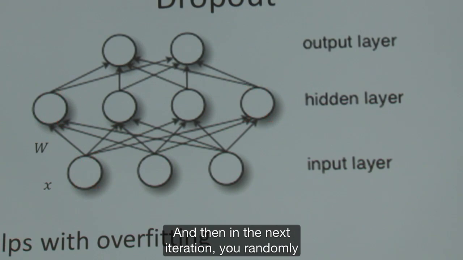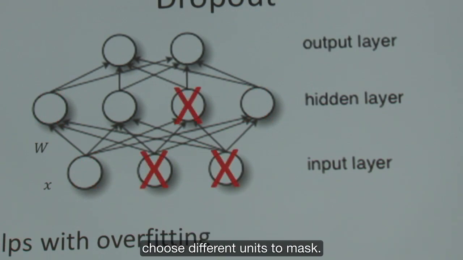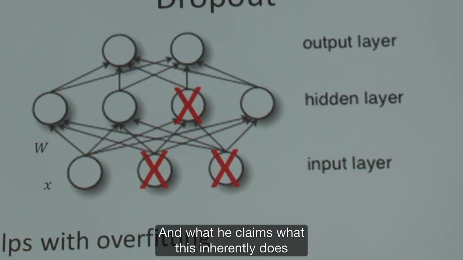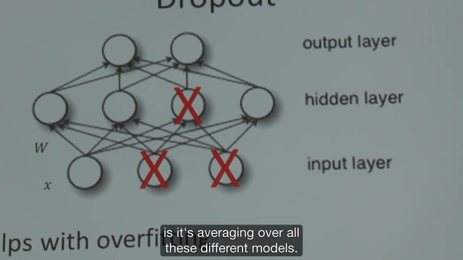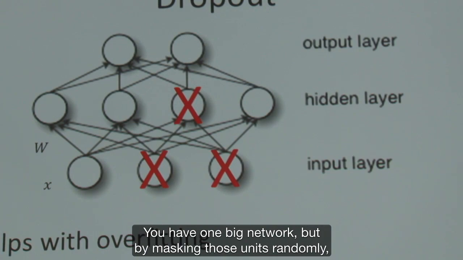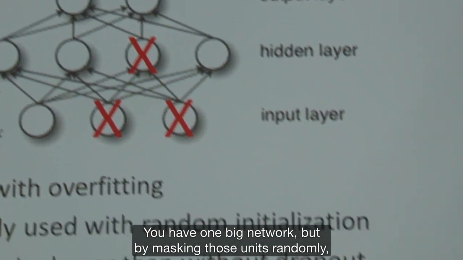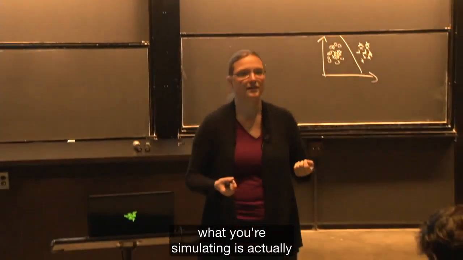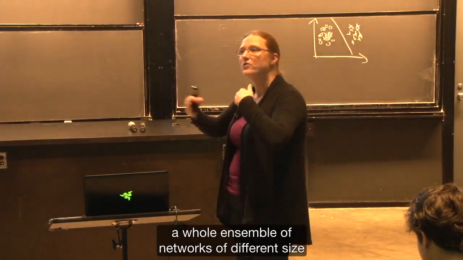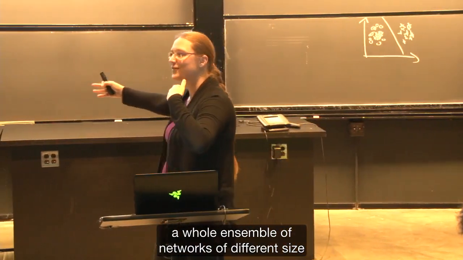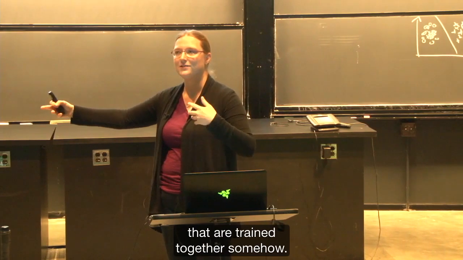Then in the next iteration, you randomly choose different units to mask. And what he claims this inherently does is it's averaging over all these different models. You have one big network, but by masking those units randomly, what you're simulating is actually a whole ensemble of networks of different size that are trained together somehow.